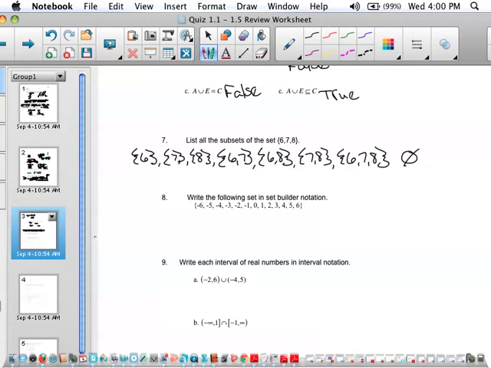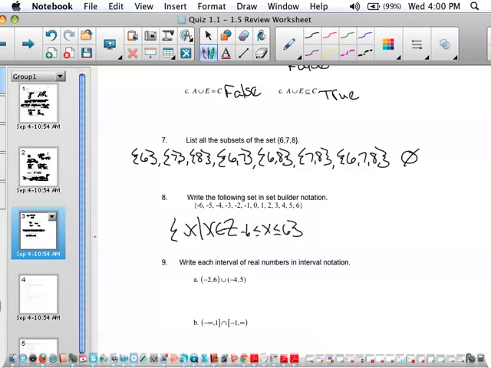Question number 8 asks you to write that roster notation in set builder notation. So we're going to just write that as x such that x is an element of the integers. X is greater than or equal to -6, less than or equal to 6.